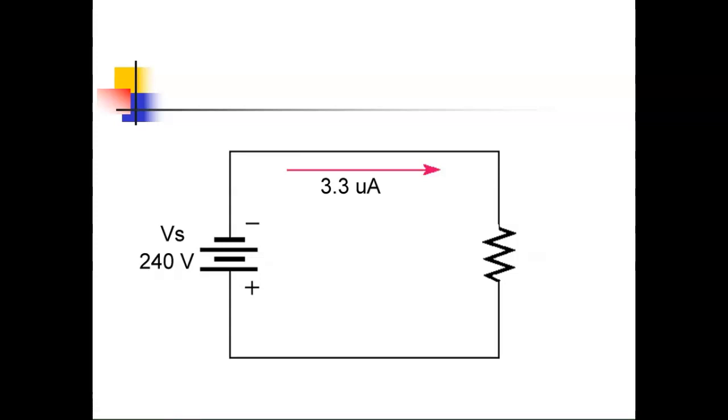Ohms. Ohms. Or kilo ohms. Kilo ohms. You said it was what? 66. Not quite. 0.66.